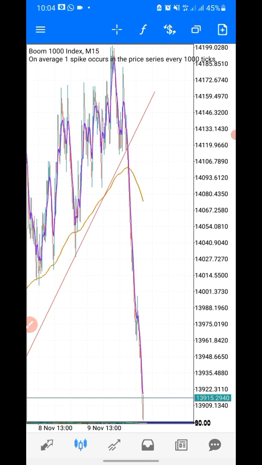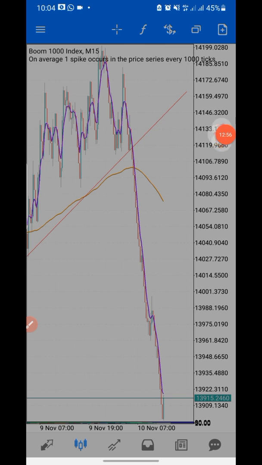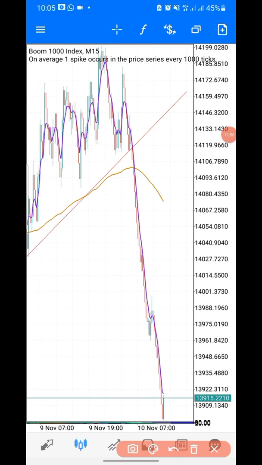Now notice what happened here. Let me zoom out. This is the EMA 200 and this is the EMA 5, and notice that the EMA 5 did cross to the downside here, so this would have been our entry point.